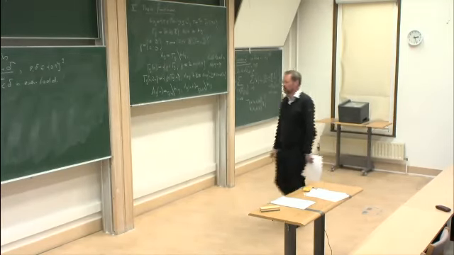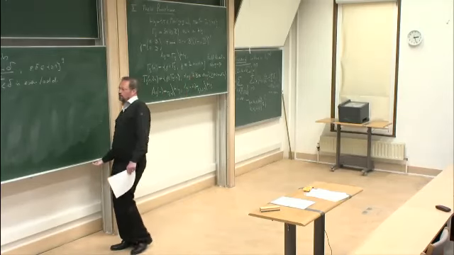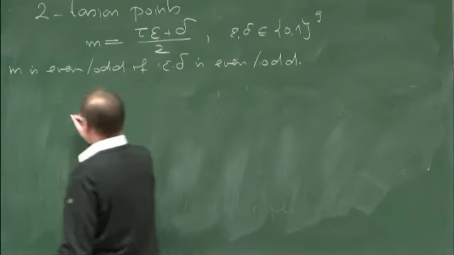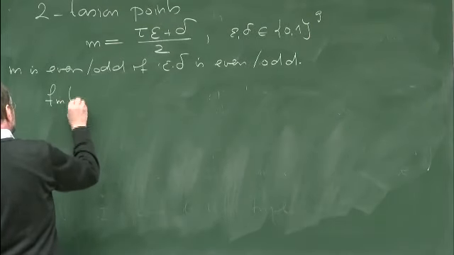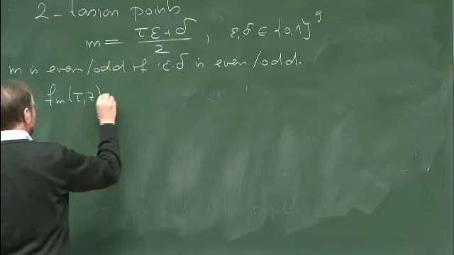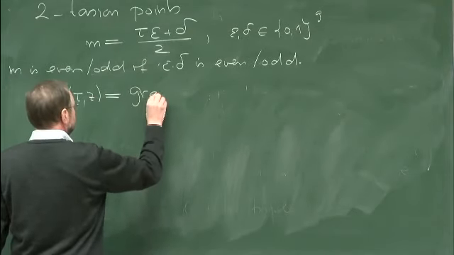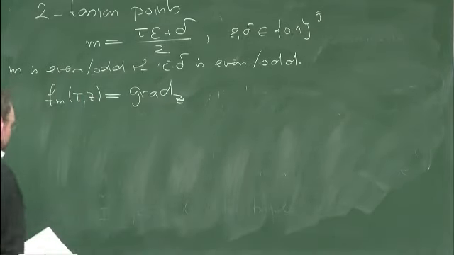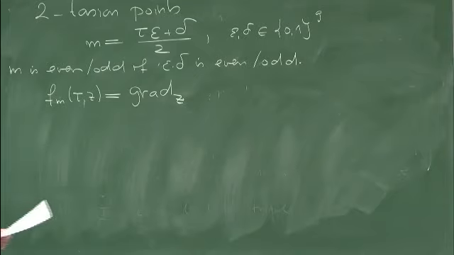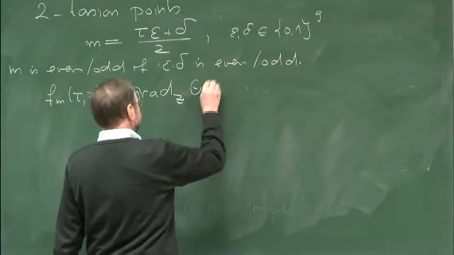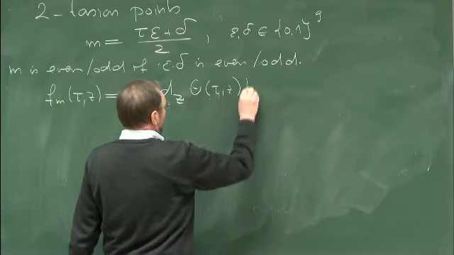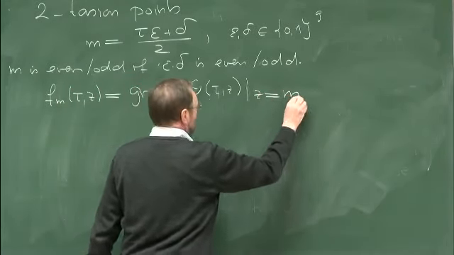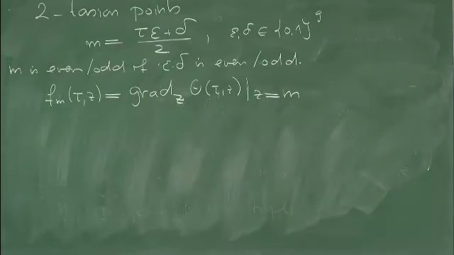And what we define is then F_m, a function of tau and z. This is defined as the gradient with respect to z of theta at z equals m.